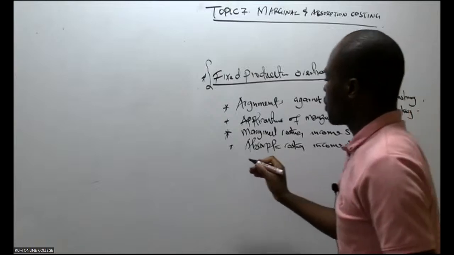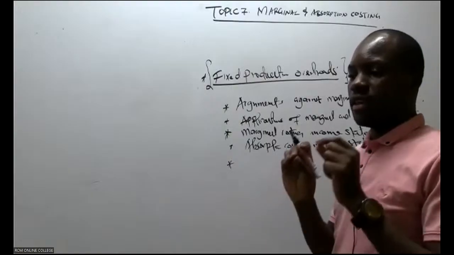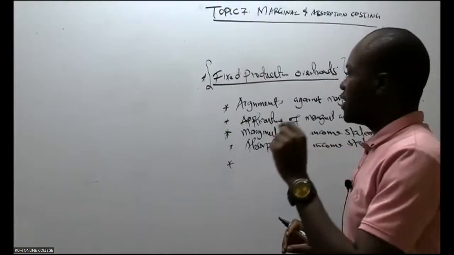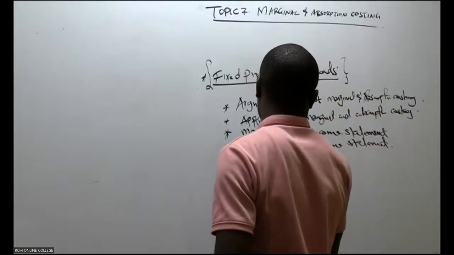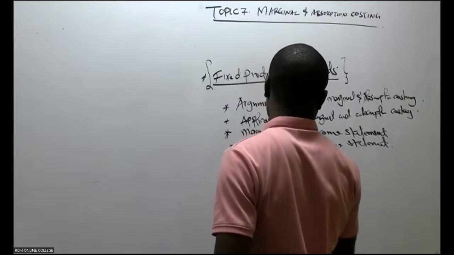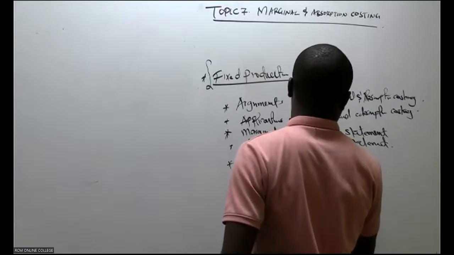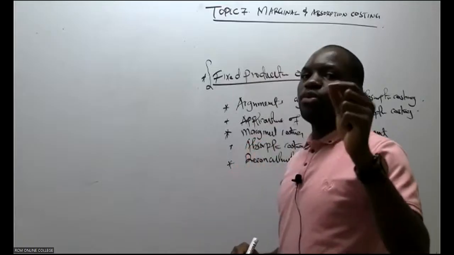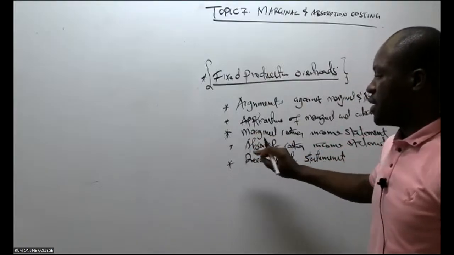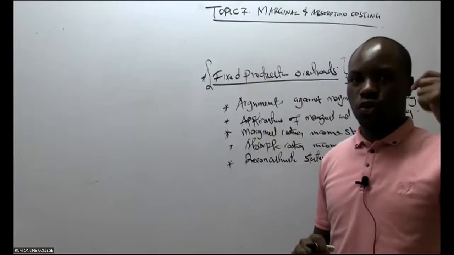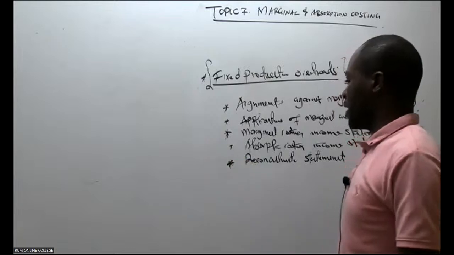And therefore, because the profits are going to be different, yet the same data set is what you're going to use, you must be able now to go ahead and give us a reconciliation statement that is going to help you to reconcile the different profits as per marginal and the profits as per absorption costing.